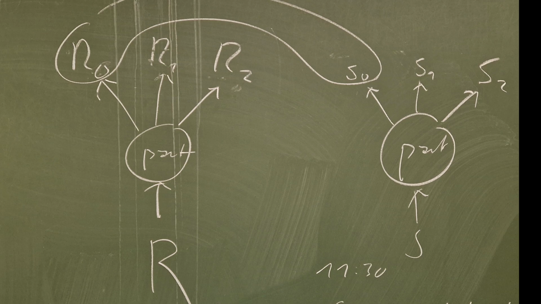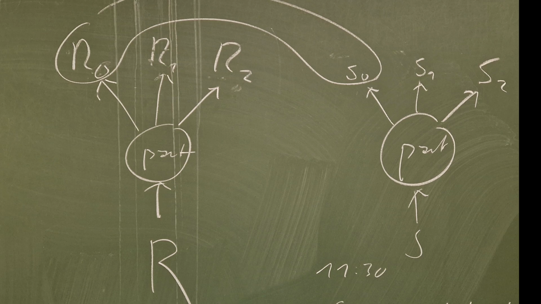Maybe I adjust my indices here on the right side, so this would be numbered from 0, 1, 2, 0, 1, 2, 0, 1, 2, 0, 1, 2.